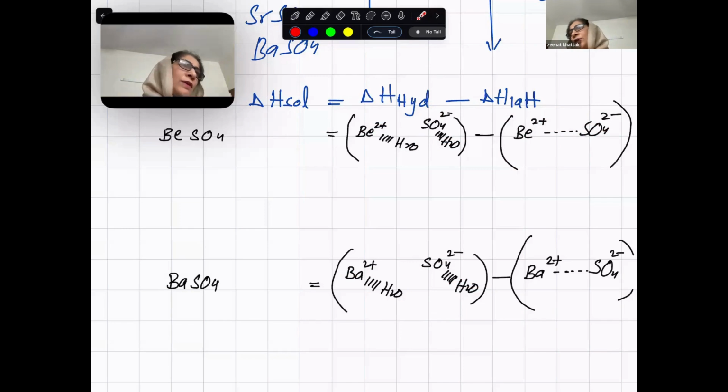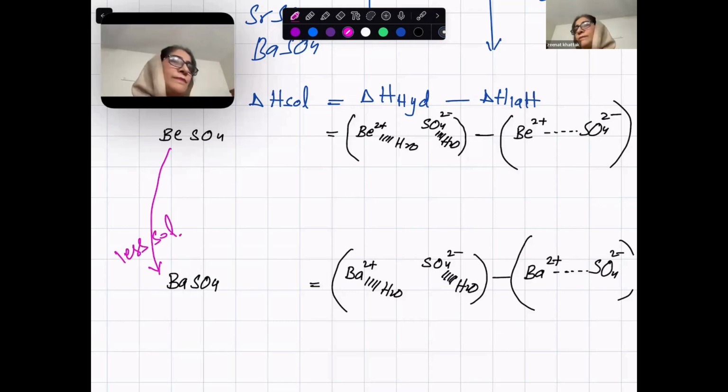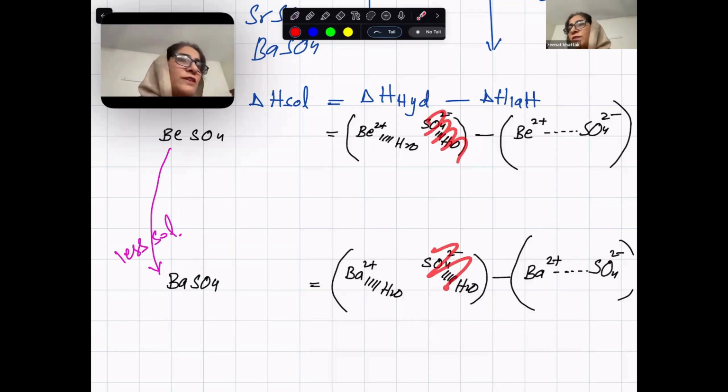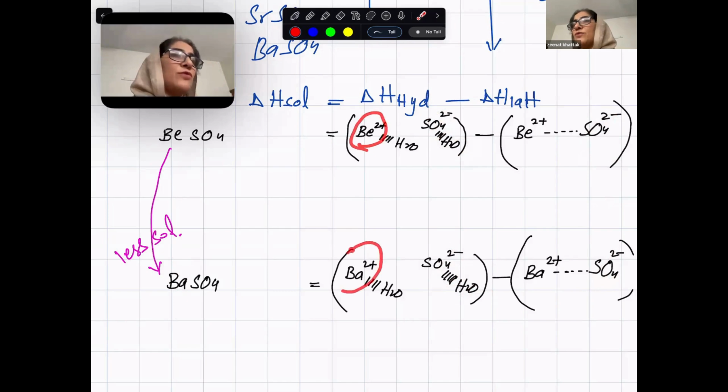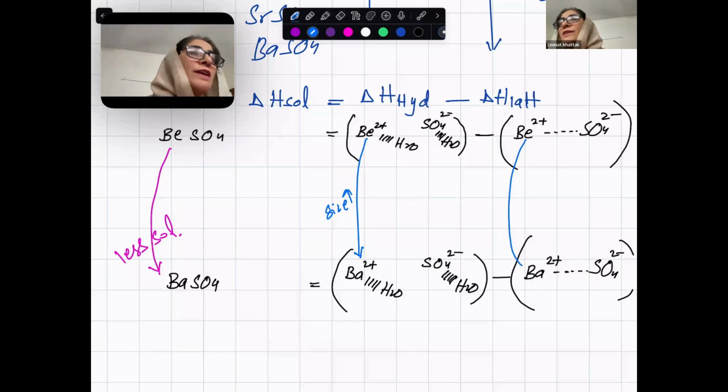Now, down the group, what is happening? Why are they becoming less soluble down the group? Is there any change in sulfate down the group? No. Where is the change? From beryllium to barium. The size of the cation increases.